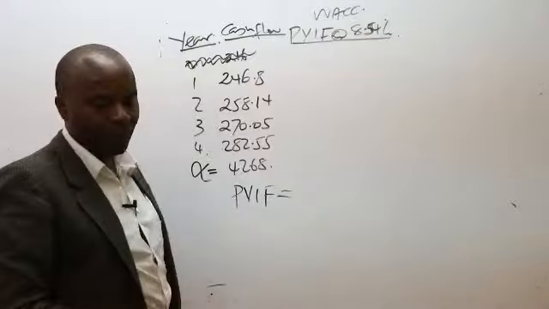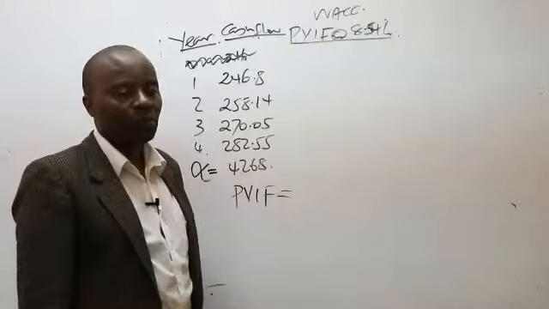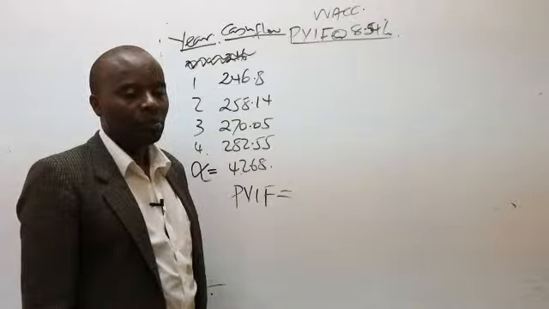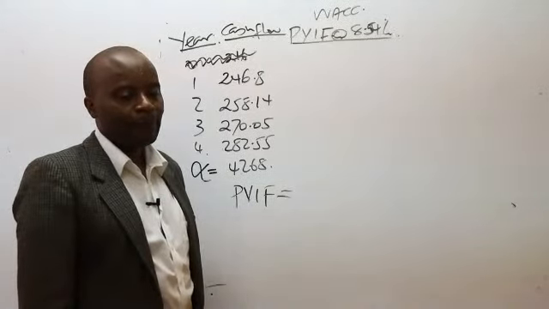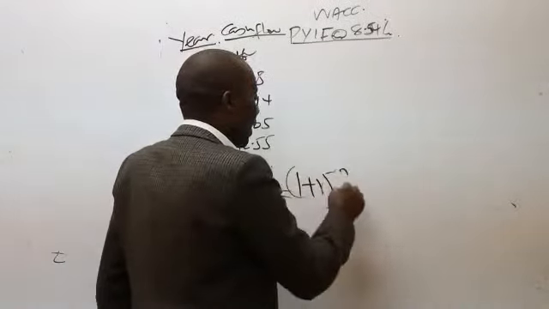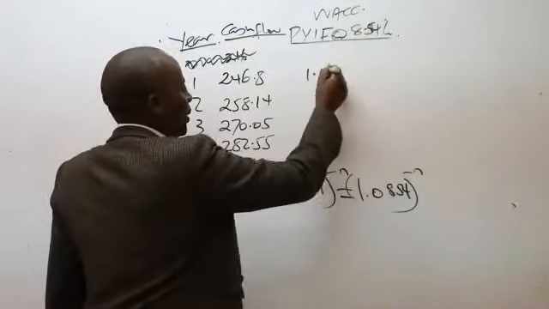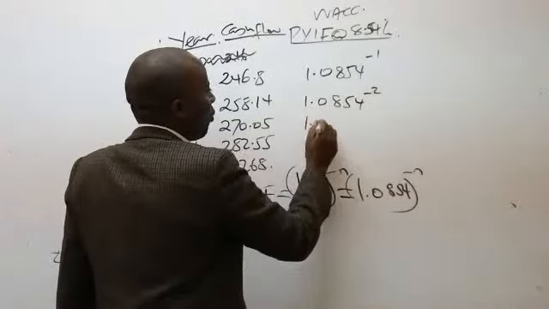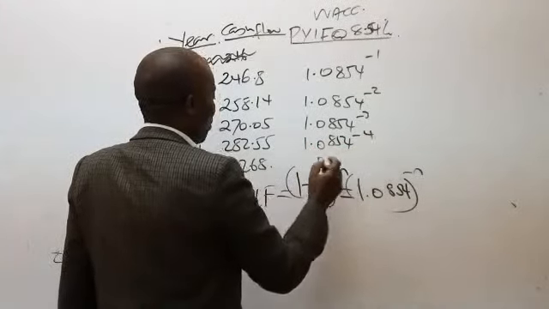PVIF equals one plus R raised to negative N. So it will be 1.0854 raised to minus 1, 1.0854 raised to minus 2, minus 3, minus 4.